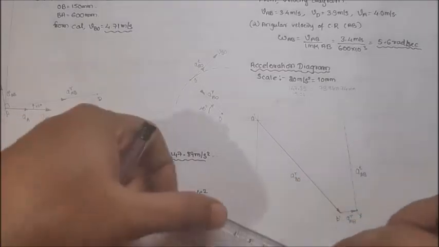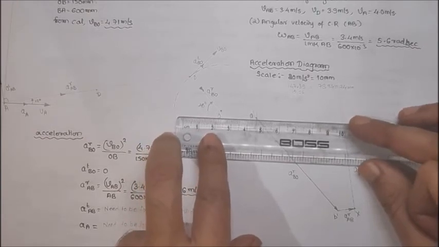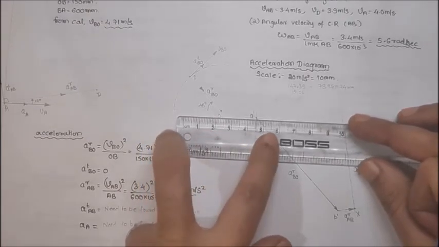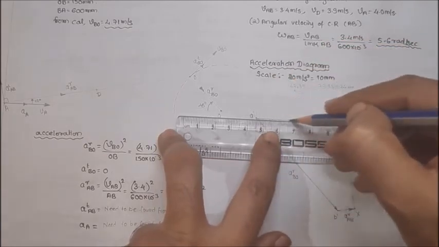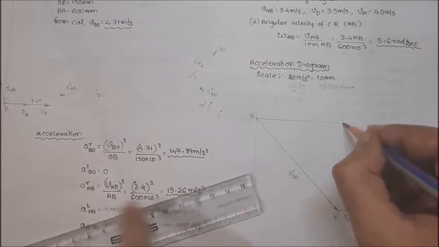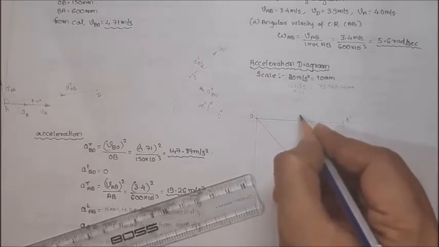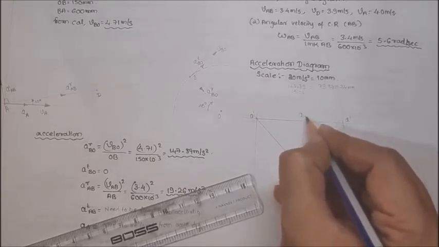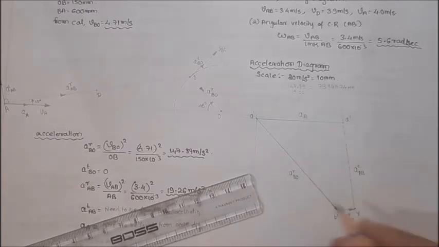So next, we'll draw a line parallel to this here itself only, and it will intersect with the earlier tangential component line. So this is the point. We'll name it A dash. This is the acceleration of the slider A.